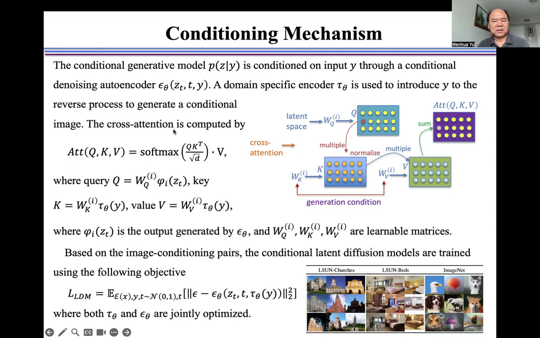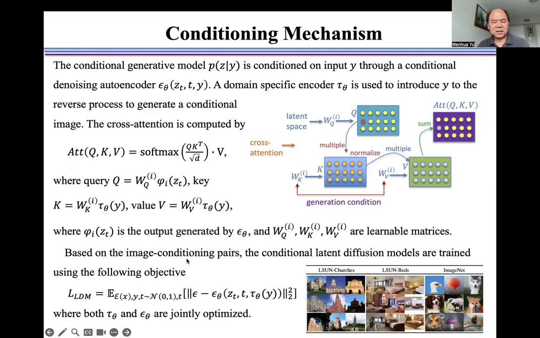The cross-attention is computed by using this formulation and explained in this figure, where this is the query Q, key K, value V, and this phi i is the output generated by the model epsilon theta. W_Q, W_K, W_V are learnable matrices.